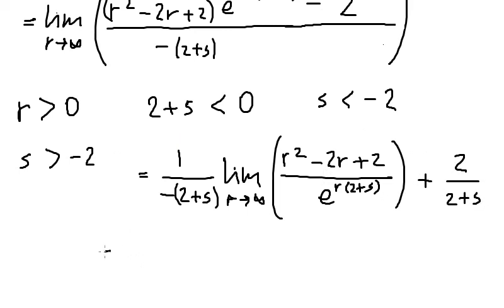And so what we get is that by using L'Hopital here several times, we eventually get that this limit is 0, because the denominator going faster to infinity than the numerator causes the limit to be 0. Since the denominator being bigger, the fraction becomes smaller. And so we get that the limit is 2 over 2 plus s, with the assumption that s is bigger than minus 2.